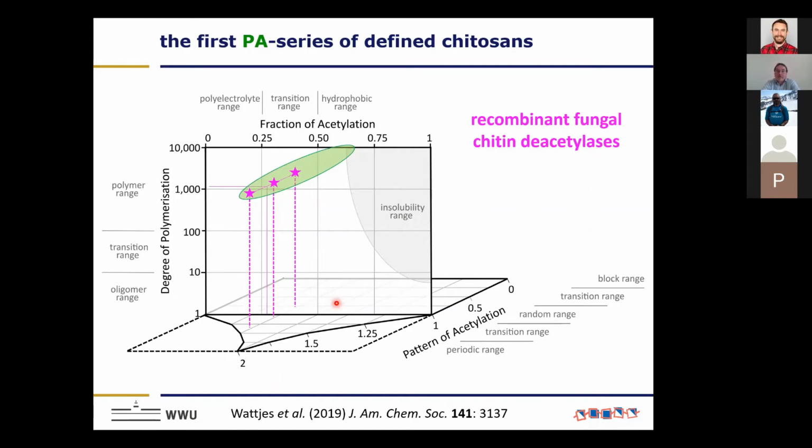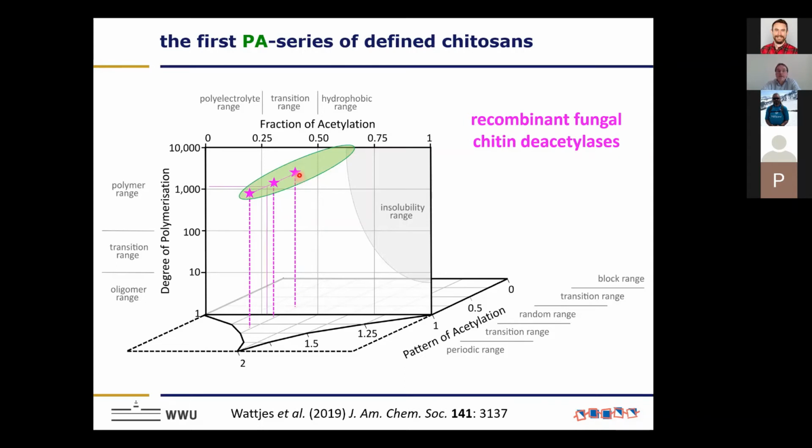So these chitosans all have more or less the same degree of polymerization, a little bit more than 1000, the same fraction of acetylation of around 30%, but they differ in their pattern of acetylation. Of course, what you can see here is that of the potential space of different patterns of acetylation, our products only cover about half of it.